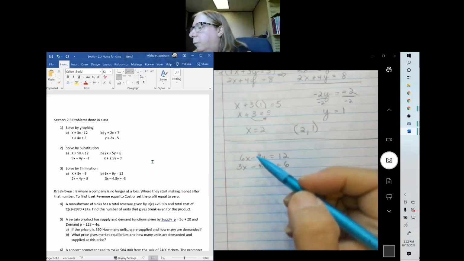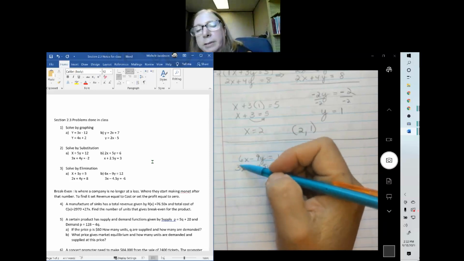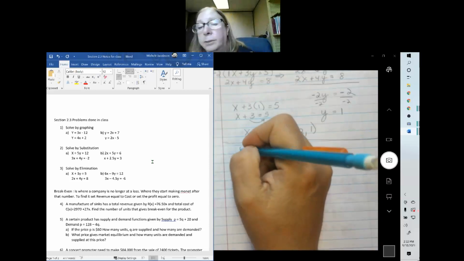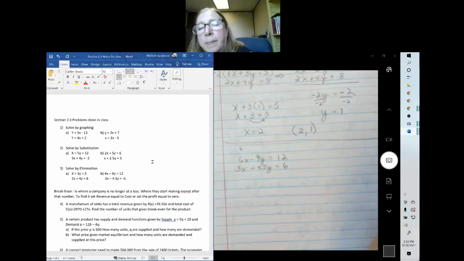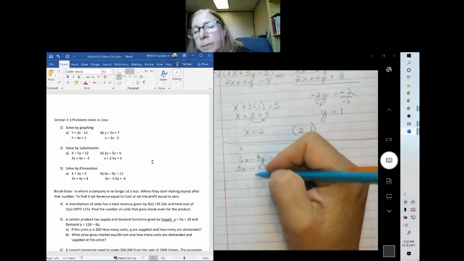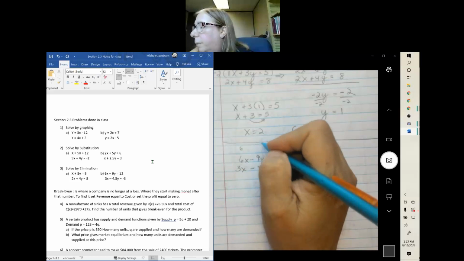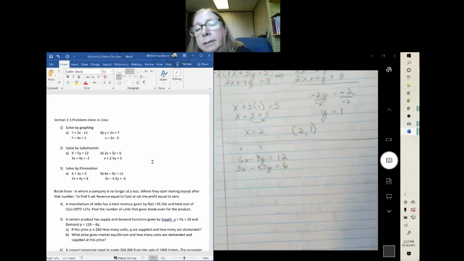Looking at the first one, we can make both of these a 6 because 6 goes into 6 and 3 goes into 6. This one, 4.5 goes into 9, so we can make a positive and a negative 9.